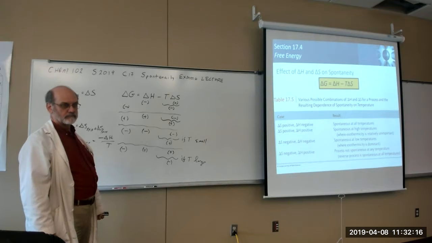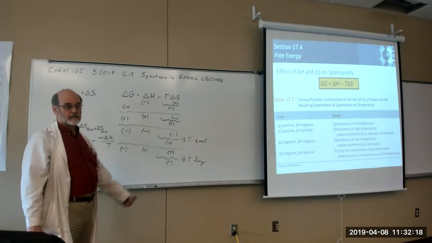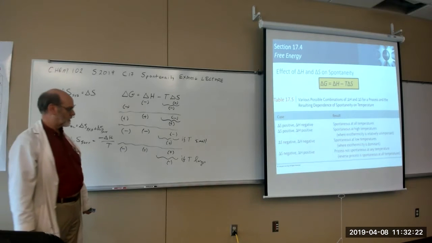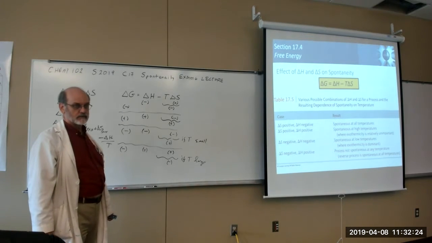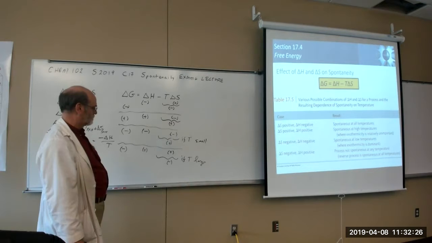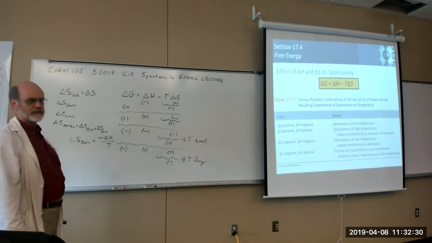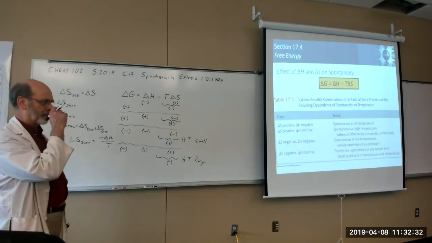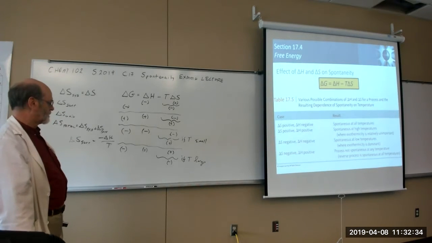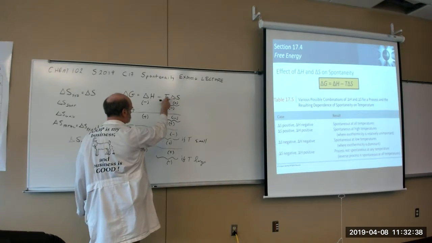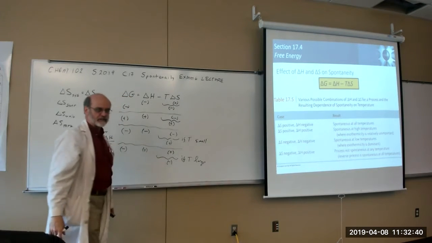Room temperature would be 298 K. That might be considered large. And it all depends on the reaction, right? These are relative terms. So the actual values here determine what is large and small for T.